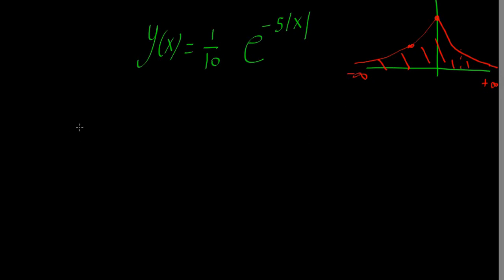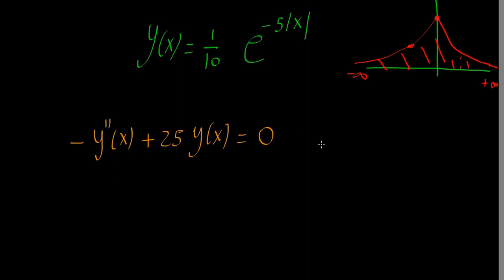I am going to find the solution of the equation second derivative of y plus 25 y of x is equal to 0. This is the homogeneous equation. I will find the homogeneous solution and then I will join it with this non-homogeneous solution and I will find the total solution. So how do we solve this second order homogeneous differential equation?